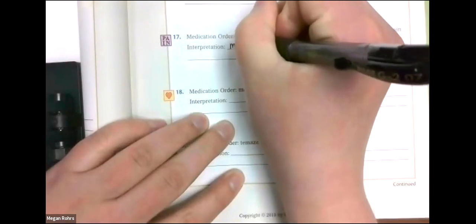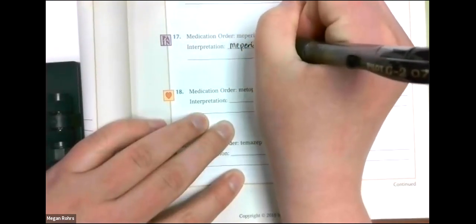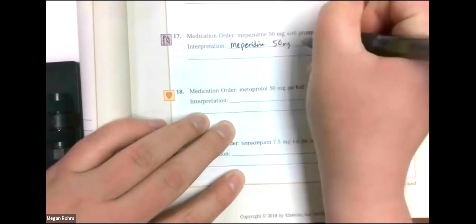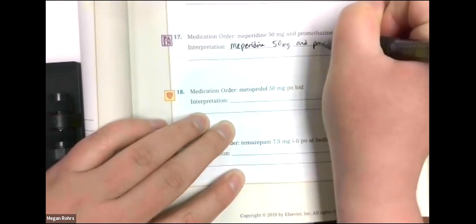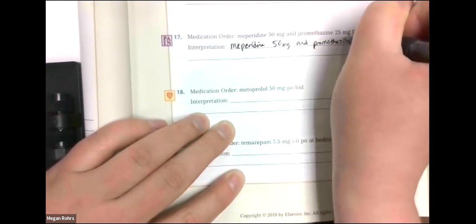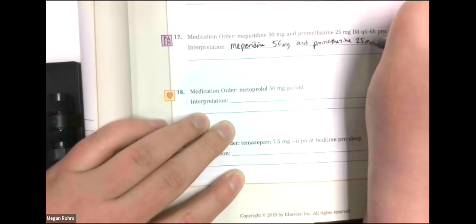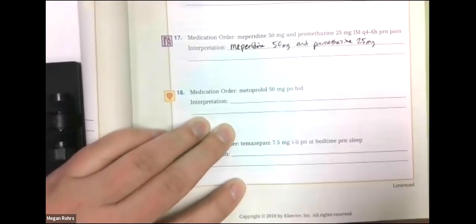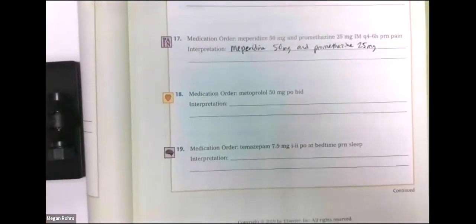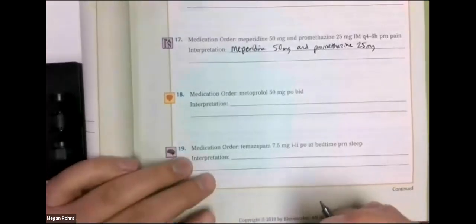So meperidine, 50 milligrams, and promethazine, 25 milligrams. Make sure you guys can see that there.